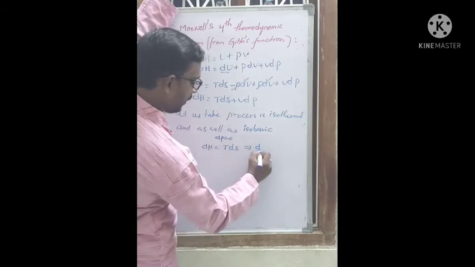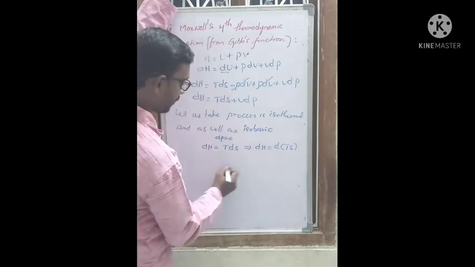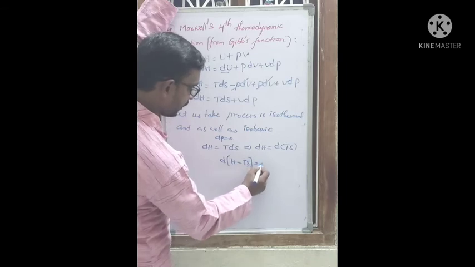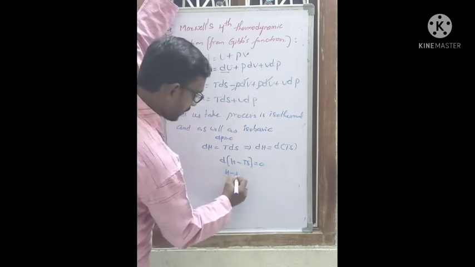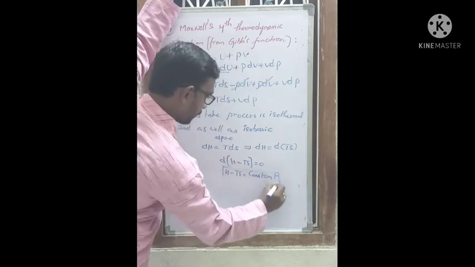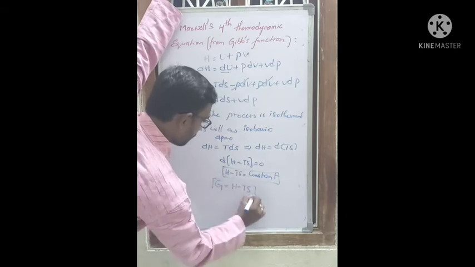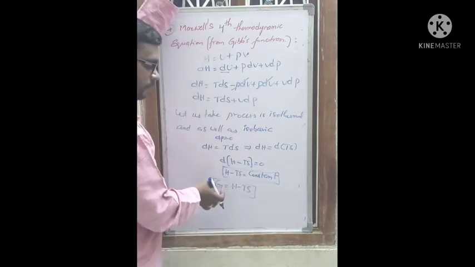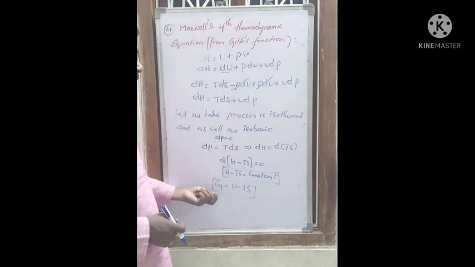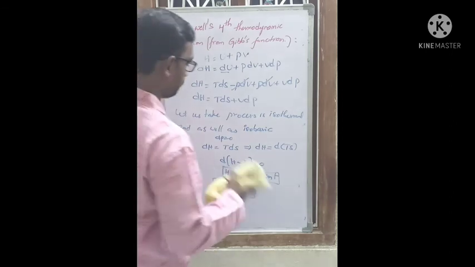This can also be written as dH equal to d(TS), because T is constant. From this, d(H minus TS) equals 0, and finally H minus TS is equal to a constant. That constant is G, where G equals H minus TS. This is the Gibbs function, which we got in the last class. With the help of these equations we are going to derive Maxwell's fourth thermodynamic equation. Let us see how we can derive it.